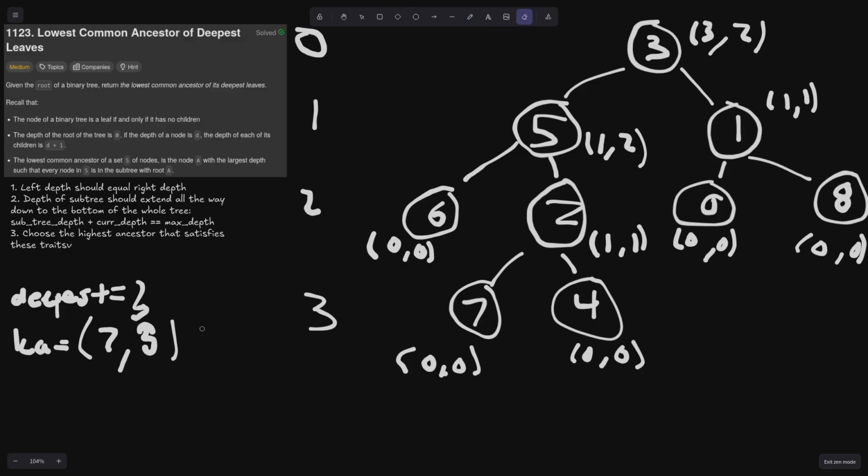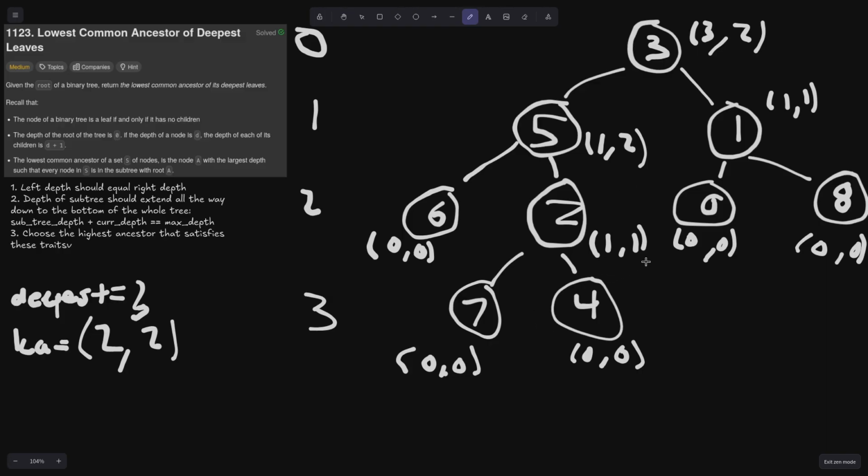So our new deep LCA is going to be 2. All right, cool. This was the new highest ancestor that satisfied the above 2 traits. We return the depth of our subtrees to 5. Nothing happens, and then we're going to go through, and then nothing else happens.